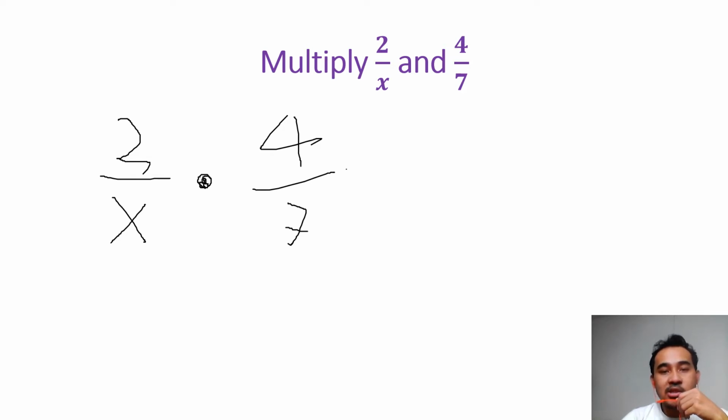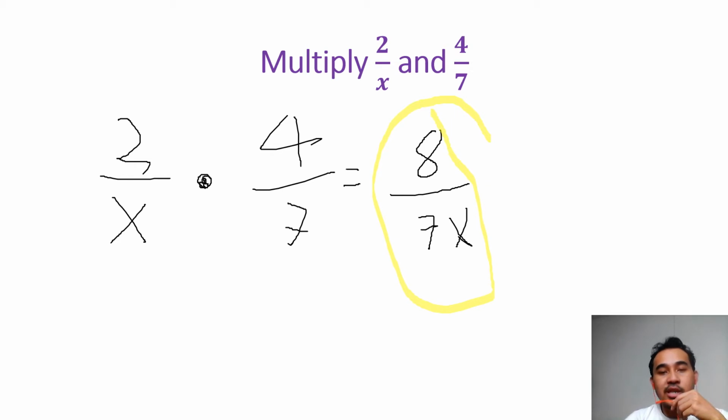Based on the structure, you multiply all numerators. So you have 2 and 4, and the answer would be 8. And then x times 7, that would be 7x. So the final answer would be 8 over 7x.